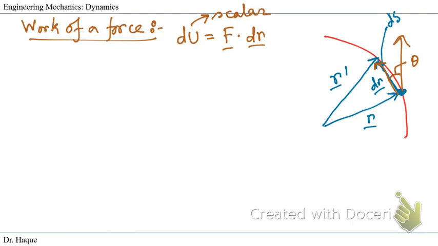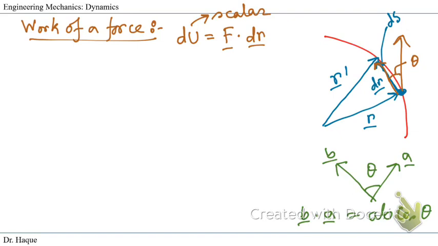So when we say dot product, just to remind you, if there is a vector A and a vector B, and the angle between them is theta, the dot product of two vectors is defined as AB cos theta. Same if we apply that concept here.